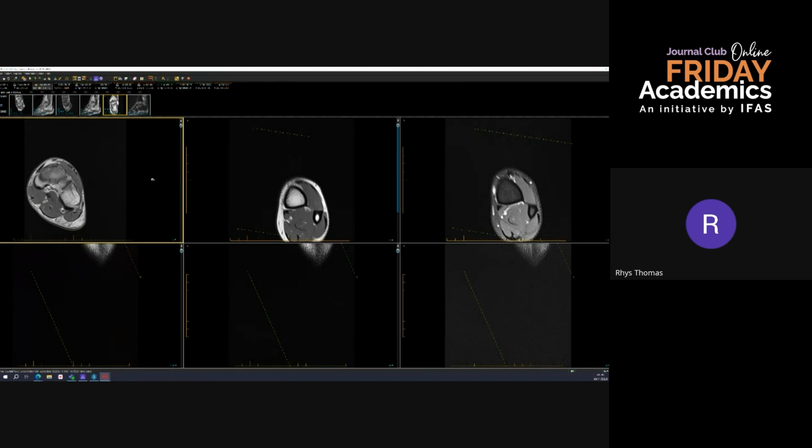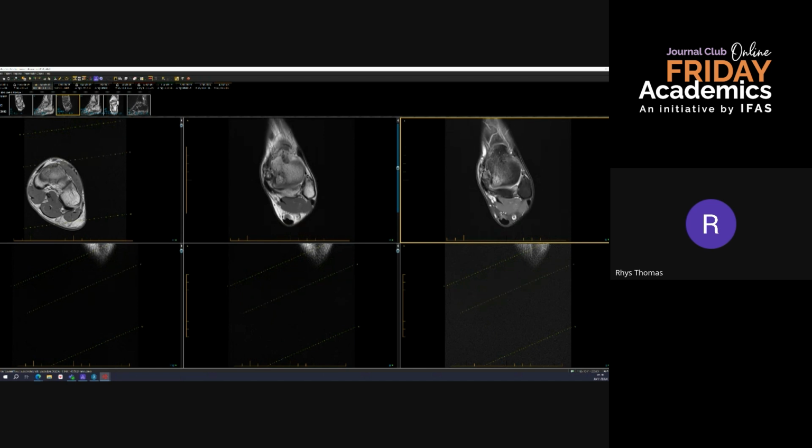Right then. So sticking with the medial side of the ankle, again here we're seeing a hyperintense deltoid ligament, in keeping with a contusion. Now we're also seeing some bone marrow edema and some cystic change in the head of the talus.